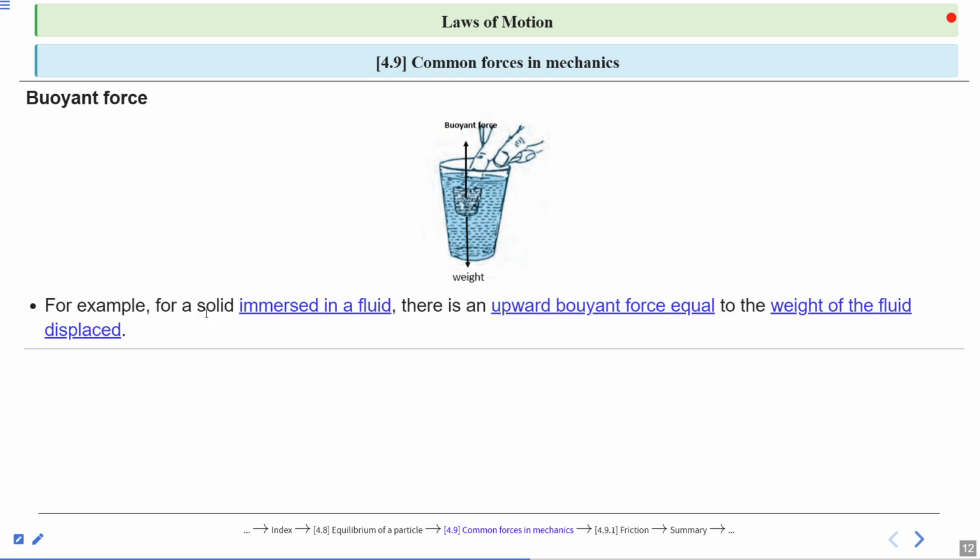For example, for a solid immersed in a fluid, there is an upward buoyant force equal to the weight of the fluid displaced.